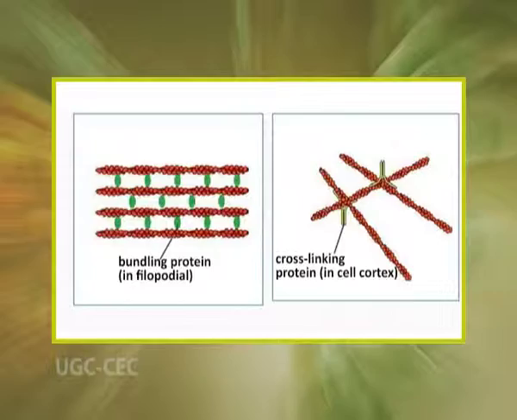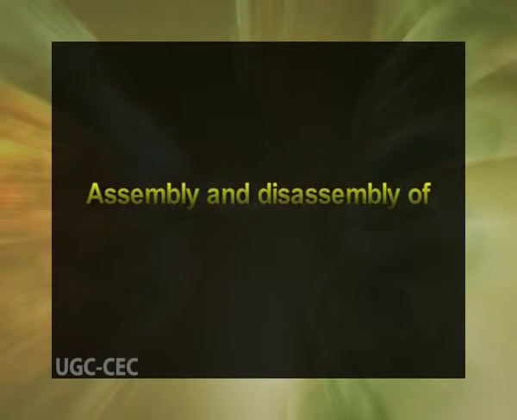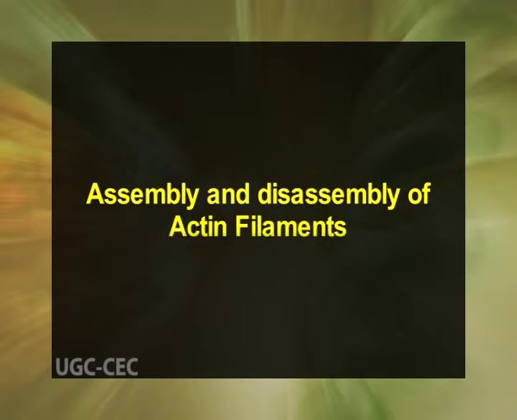The proteins that organize actin filaments into network are large flexible proteins that can cross-link perpendicular filaments. After discussing the structure and organization of actin filaments, we will now discuss about their assembly and disassembly.